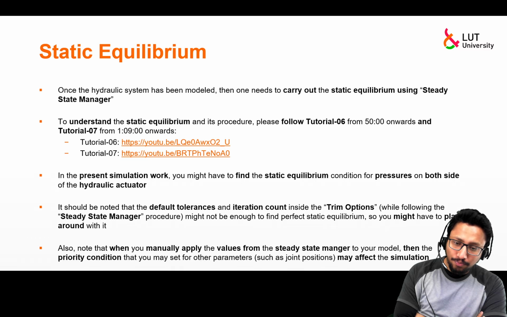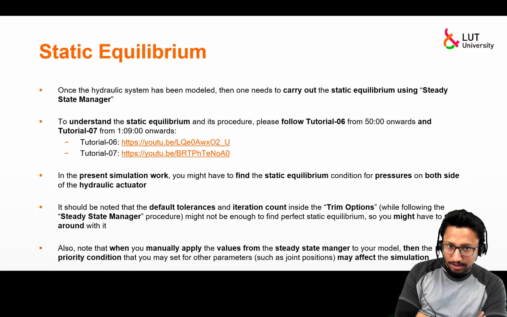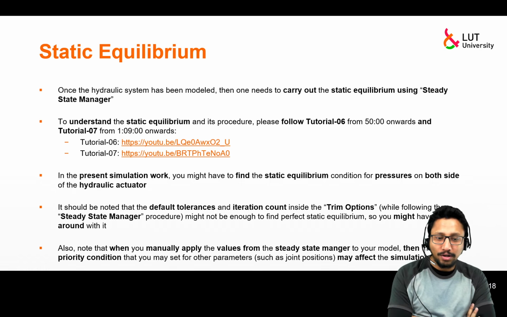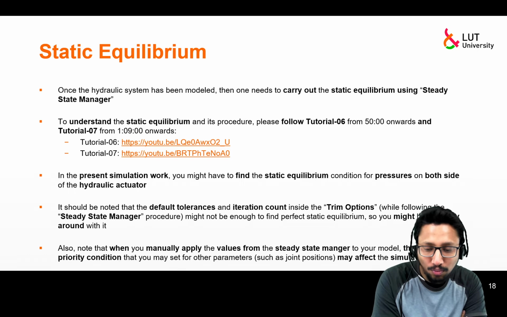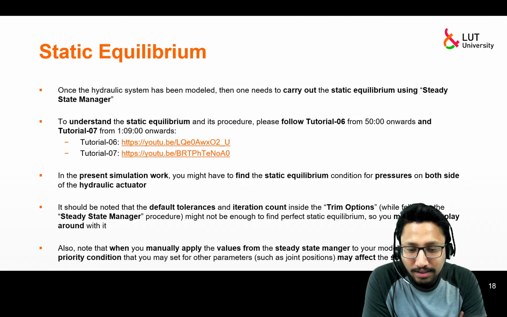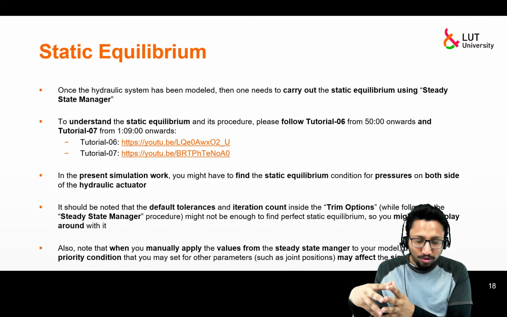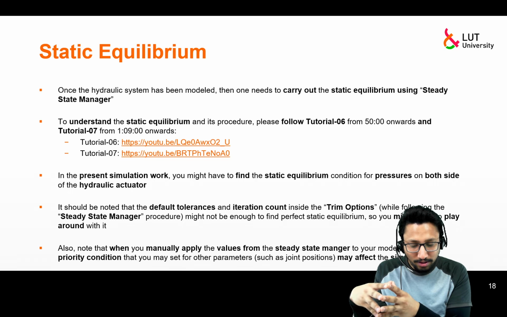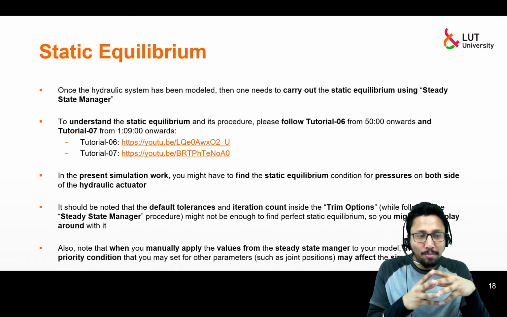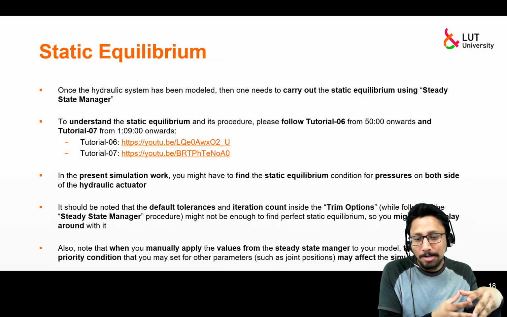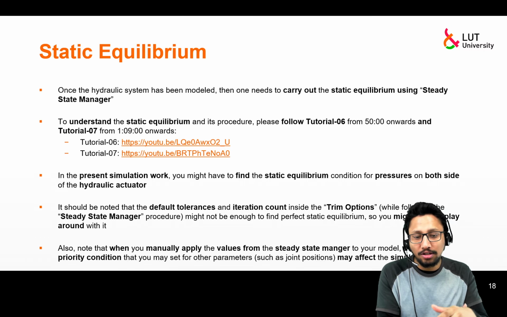Also note that when you are unable to execute the steady state manager and you decide to figure out the values manually and put those values into your system, you might have some priority conditions for other parameters such as the joint position.